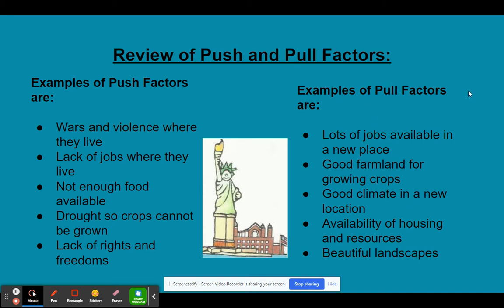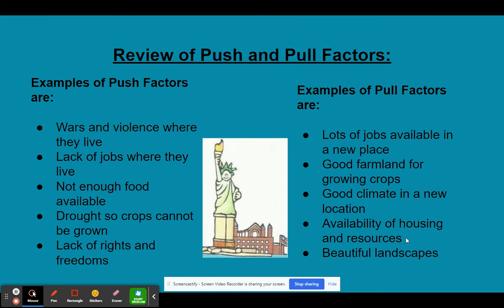Now let's come to this side and we'll review the idea of pull factors. These are things that pull or draw people to a new place and make them want to live in a new land. There might be lots of jobs available there so people can earn money to provide for their families. There might be good farmland there for growing crops, or also good climate, which makes it a good place to grow crops.